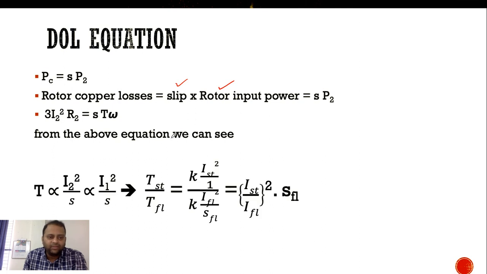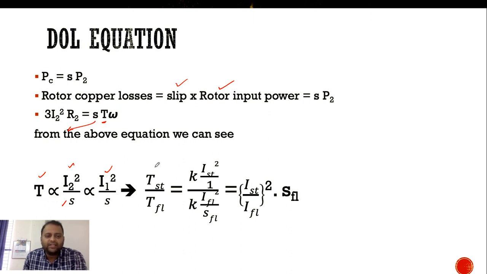Now from these two above equations, if I take the ratio, keeping torque over here and taking S to the denominator, then torque is proportional to I2 square by S. And now we can say that the secondary current is proportional to the primary current, which is nothing but the rotor current is proportional to the stator current, and slip will stay as it is. So I can write I1 square by S as well.